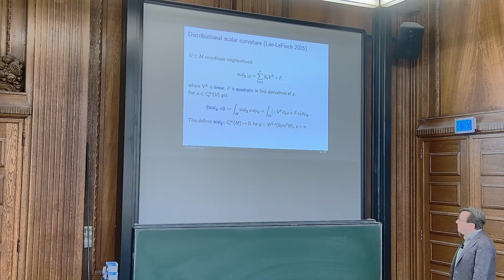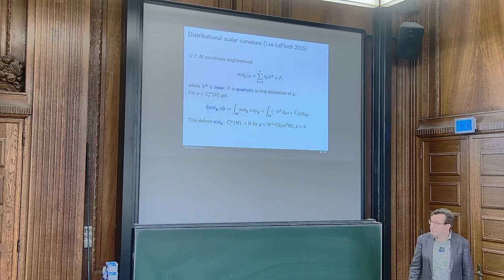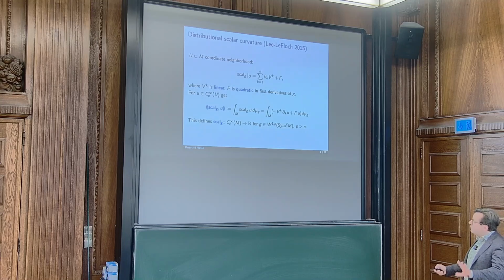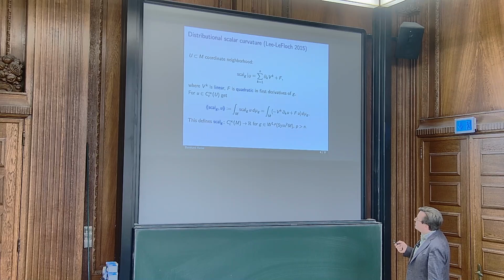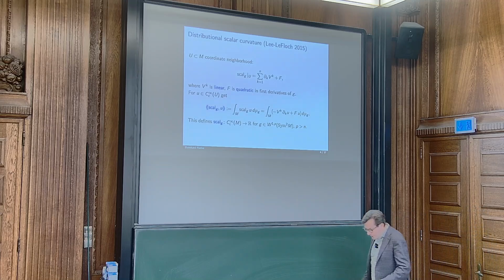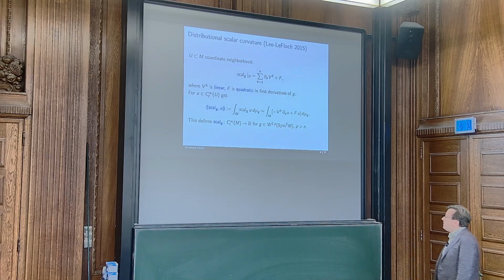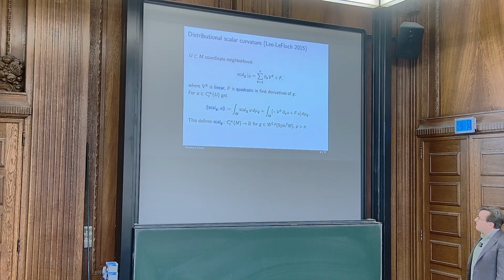And it turns out that this quantity here makes sense for metrics G which are of regularity less than C2. Actually, it turns out it's enough to assume that the metric is of Sobolev regularity W^{1,2} and continuous, so that we have bounded inverses. But for my talk, I will concentrate on the case where the metric is of regularity W^{1,p}, and p is larger than n. So in particular, the metric G is continuous by the Sobolev embedding theorem.